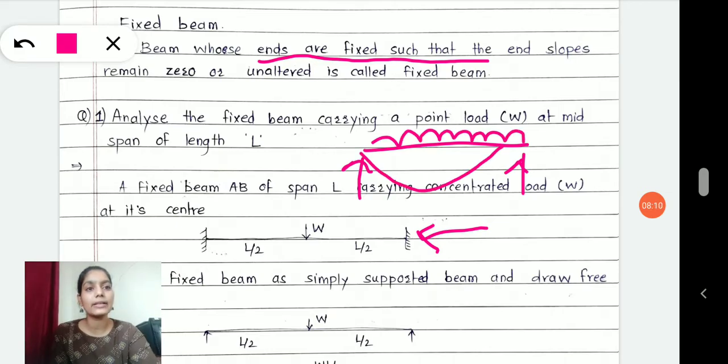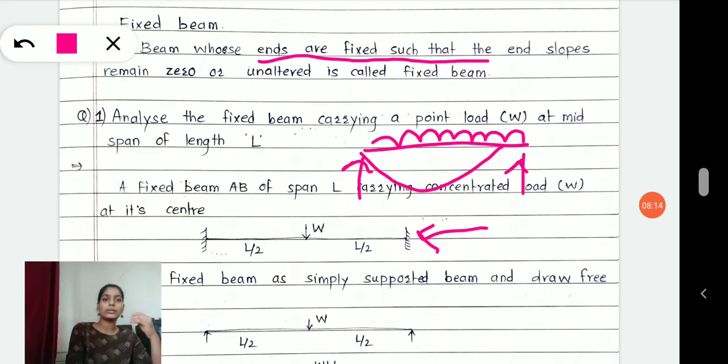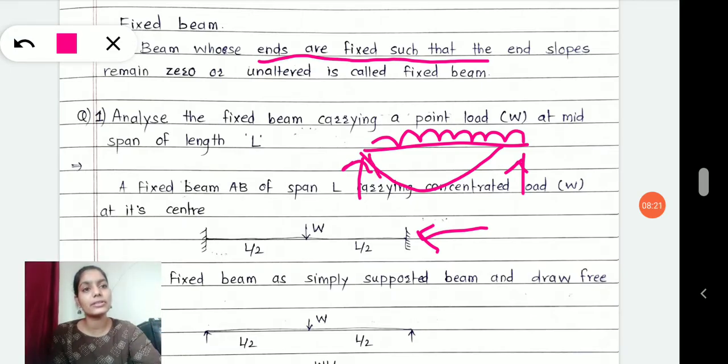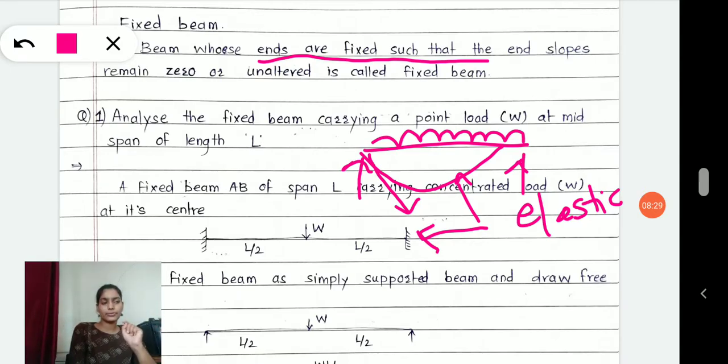This beam will show a deformation or deflection from its original position. This displaced shape of your beam is called the elastic curve, which we have already understood in the SOM subject.